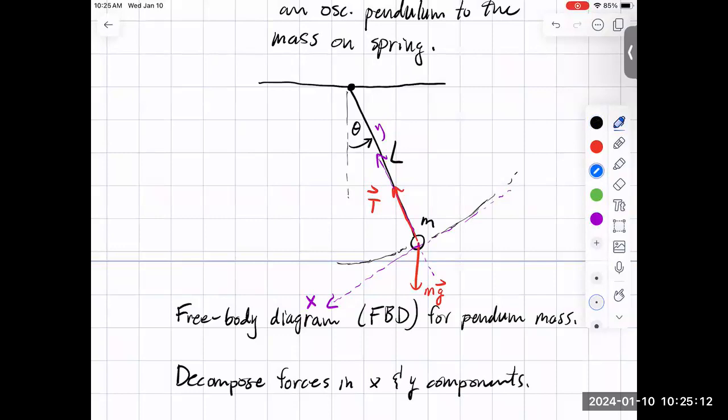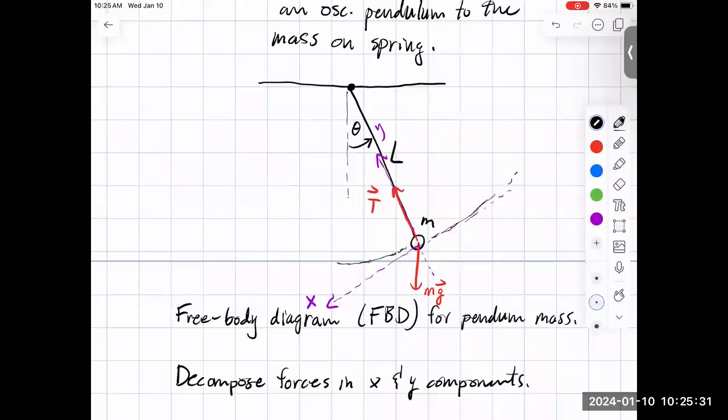Our tension is already along the y-axis, and so it has only a y component. We don't have to do anything with the tension. There's no component of the tension along the x direction. It's only the gravitational force that we have to worry about.